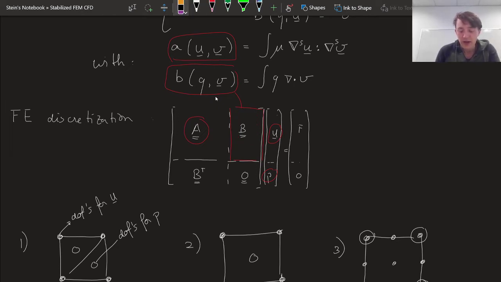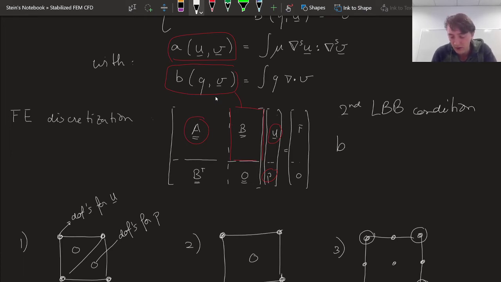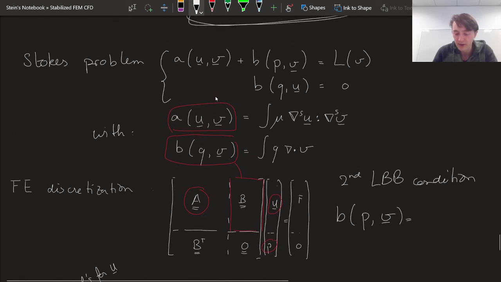So why am I pointing that out? Well, that means that the condition that we're struggling with, the second LBB condition, the inf-sup condition, concerns solving the system of equations b(p, v) is equal to, and then we have here r.